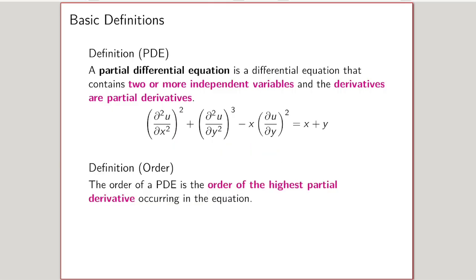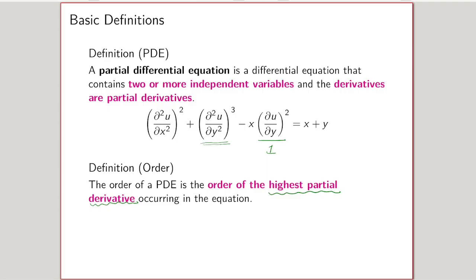So the next definition is order of a PDE. It is nothing but the order of the highest partial derivative occurring in the equation. So note the word highest partial derivative. There may be many derivatives in a single equation. We are going to find the highest partial derivative. For example, see this equation. So here this term represents order 1 because we will be saying first order derivative of u with respect to y.